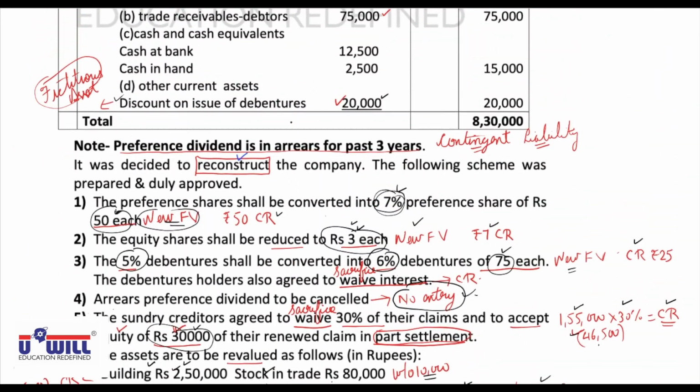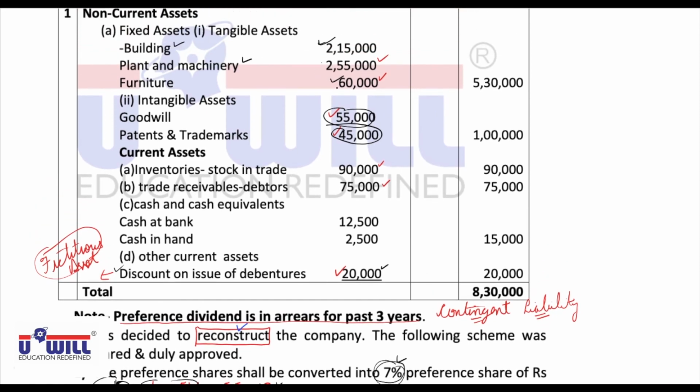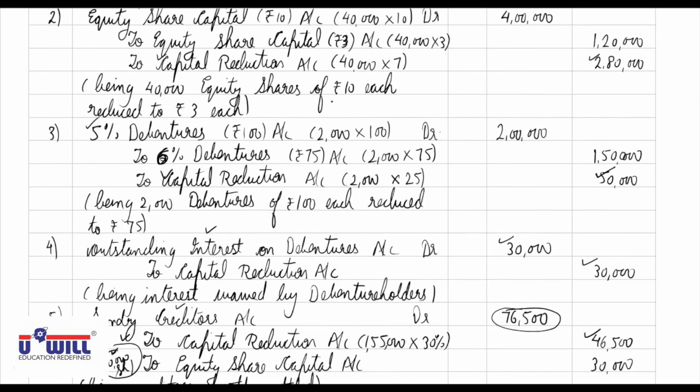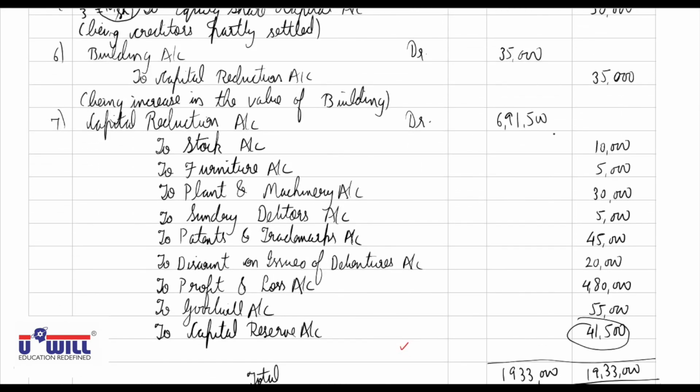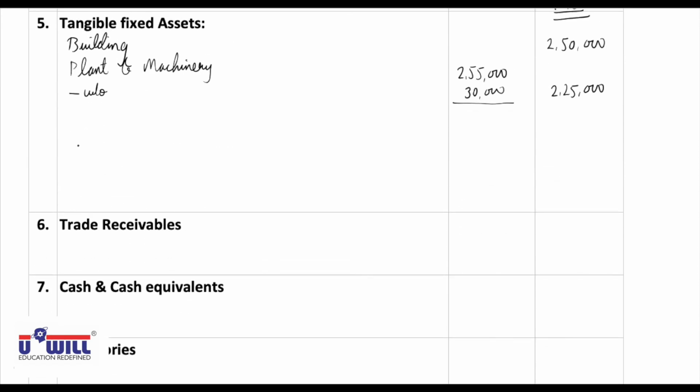Now if you see in the previous balance sheet, after plant and machinery we have furniture of 60,000. How much have we written off in furniture? If you see the last journal entry, 5,000. So again we have to show furniture 60,000 minus written off. Here you have to mention written off under the scheme of reconstruction.